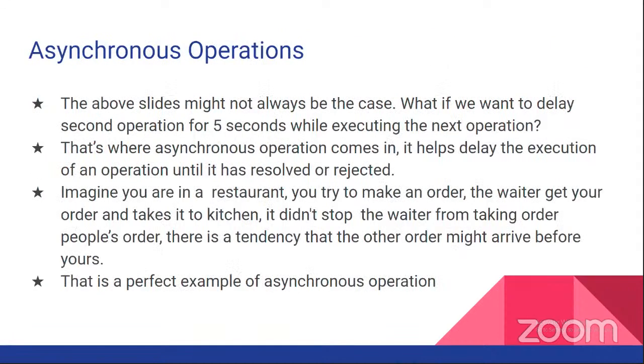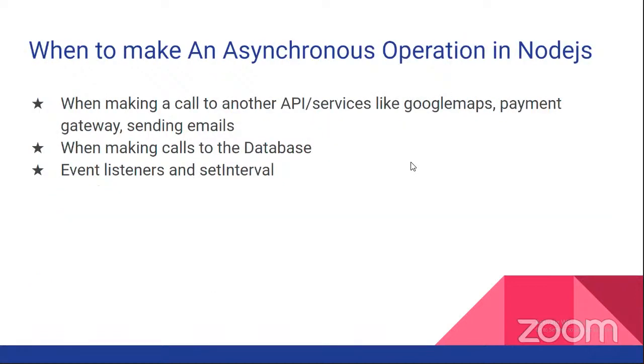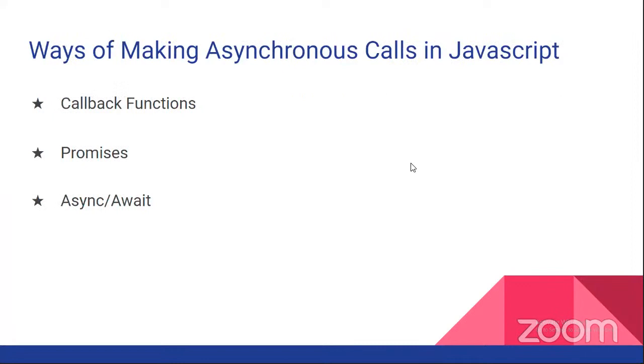Let's say you have a delay, like in a restaurant, where your waiter will get your order, get other people's order, then if your food is ready, give it to you, and if there is a problem, tell you sorry, the food is not available. Although that can be painful. So that's just how an asynchronous operation works.